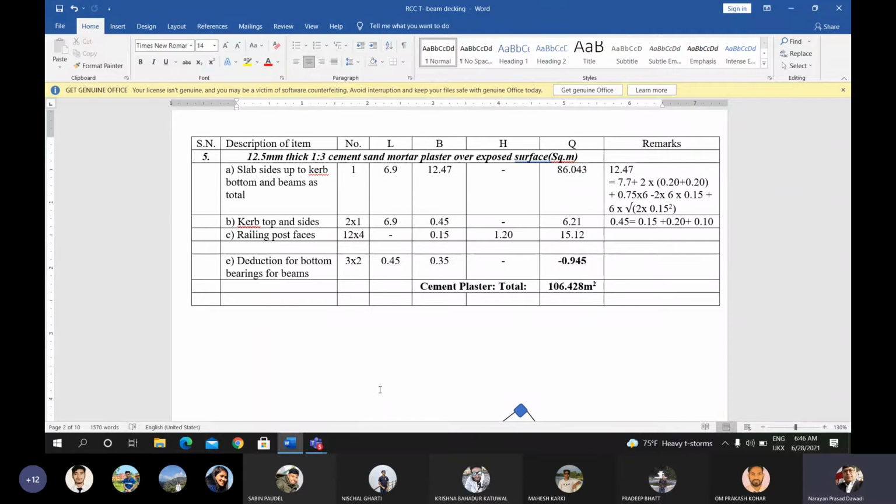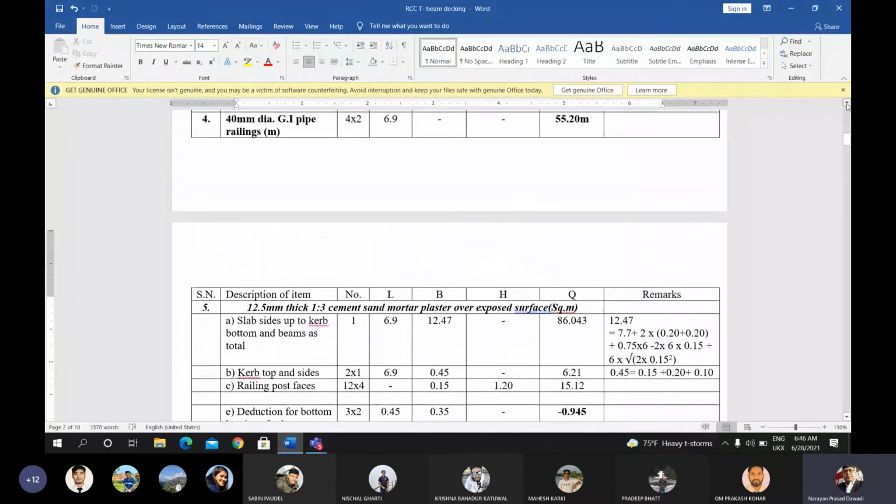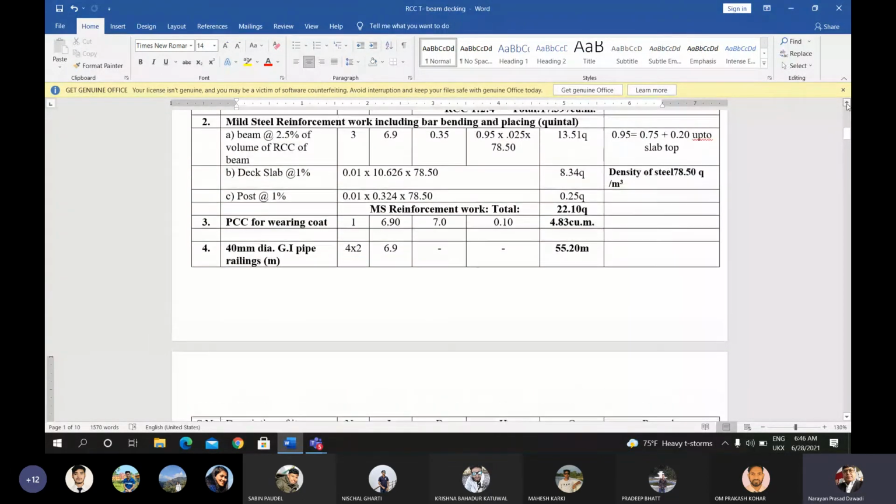So you can look at the figure here. Slab sides up to curve, bottom and beam as total. This portion is taken for the calculation of the total slab sides up to curve bottom and the beams.